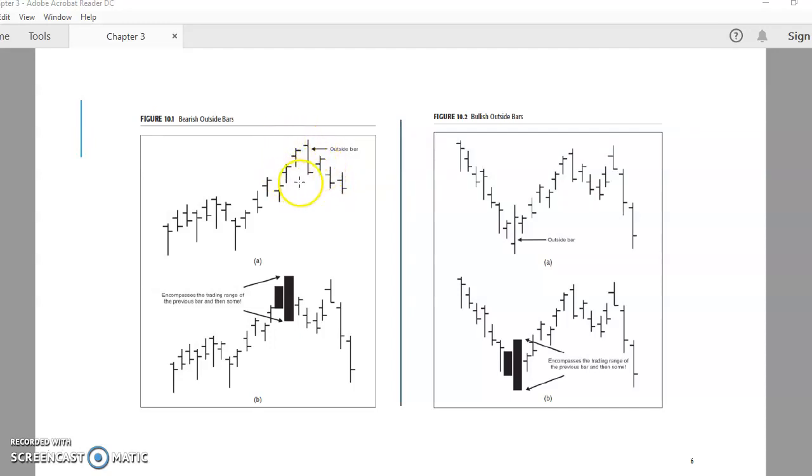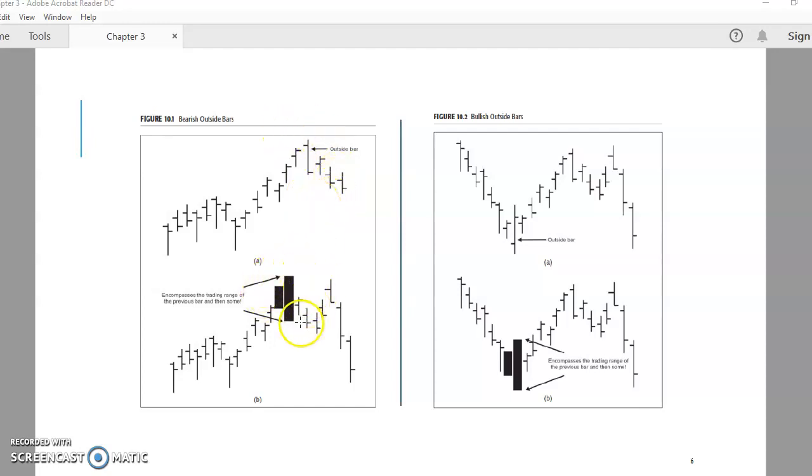Okay, if you see this pattern, for example, this is the top, this is the peak, and then it creates a higher high, and the next day's bar is bigger or longer or wider than the previous one. So this one we call an outside bar pattern.